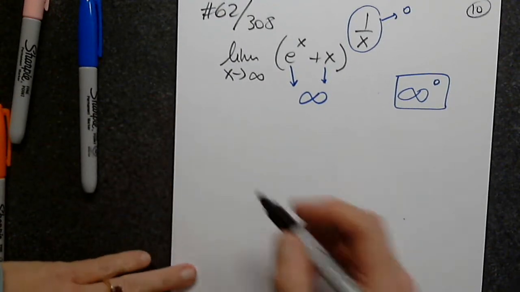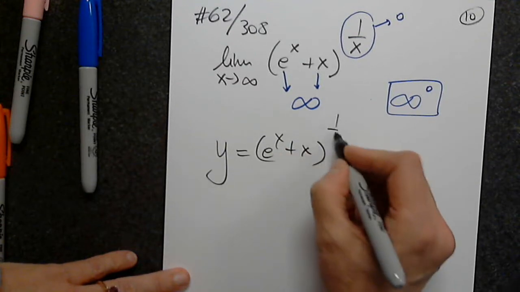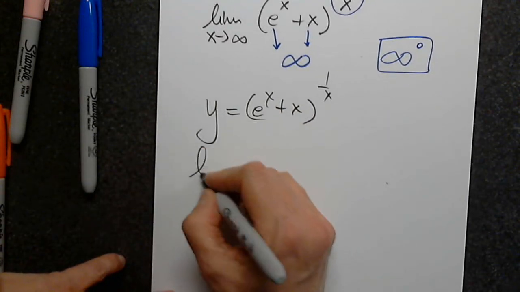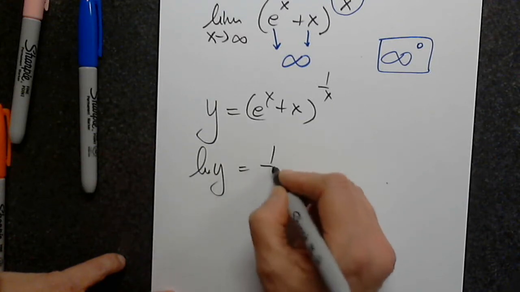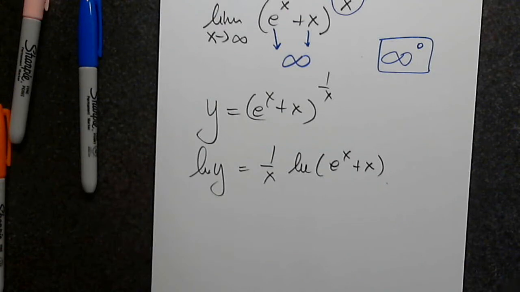We will have to denote the function by y, and we will have to apply natural log to both sides. And now we're going to do something that I promised a long time ago. There is a theorem, and we've used it several times.